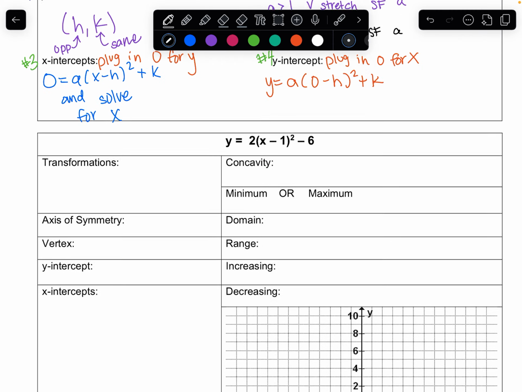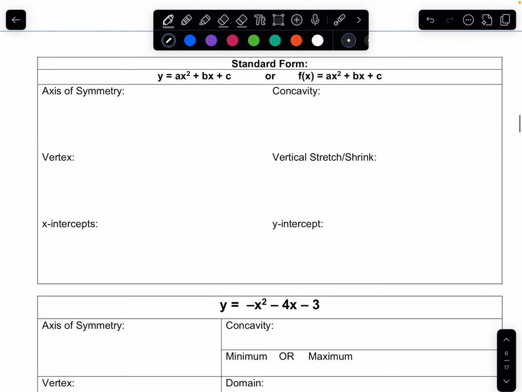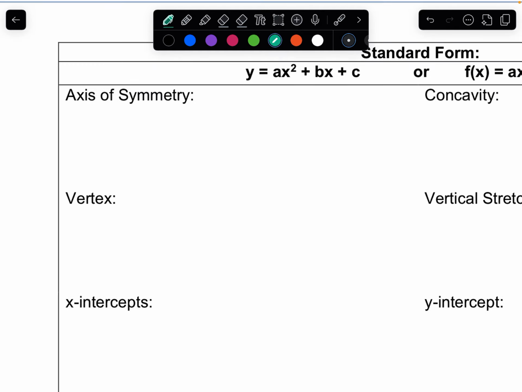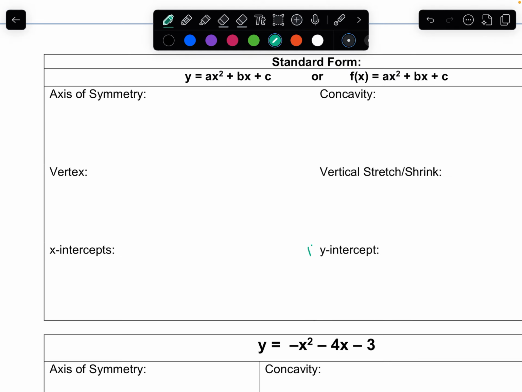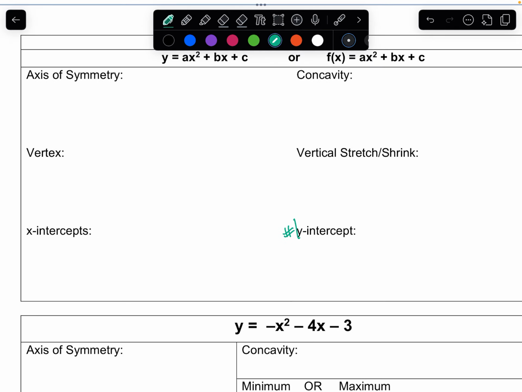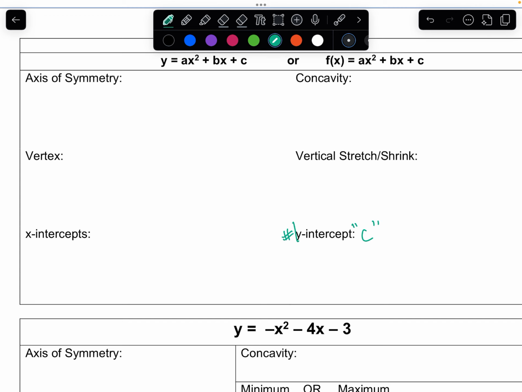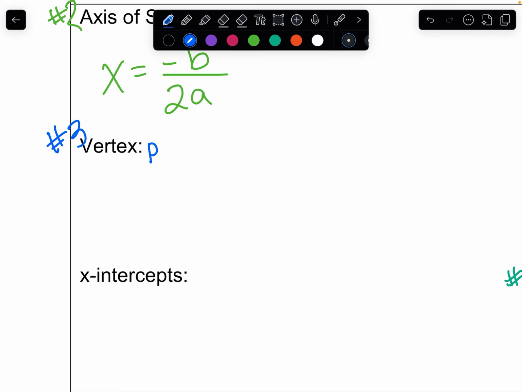So that's vertex form. And then standard form, which is on the next page. If you're given standard form, your first step is to find your y-intercept, because this is your c value. Then from there, I suggest doing your axis of symmetry, which is x equals negative b over 2a. Your third step should be to find the vertex, where you plug in the axis of symmetry for x.